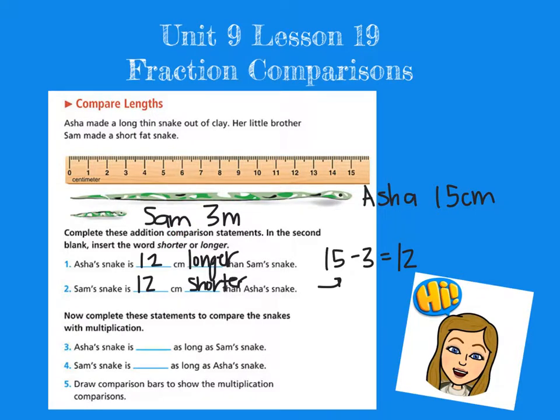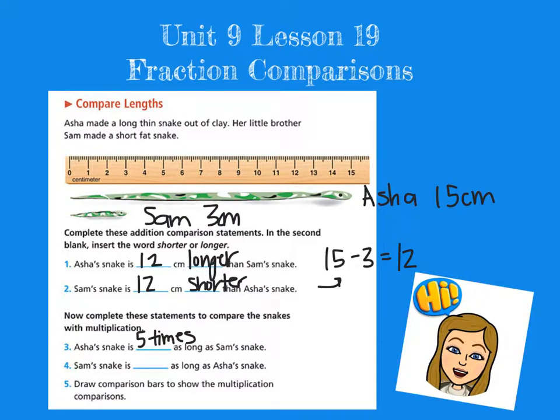Oops, I said meters on there. I just noticed that. Centimeters. We have to think, how do we get 3 to become 15 using multiplication? Well, you would have to take Sam's snake, 3 centimeters, times 5 to get 15. So that means that Asha's snake is 5 times as long as Sam's.